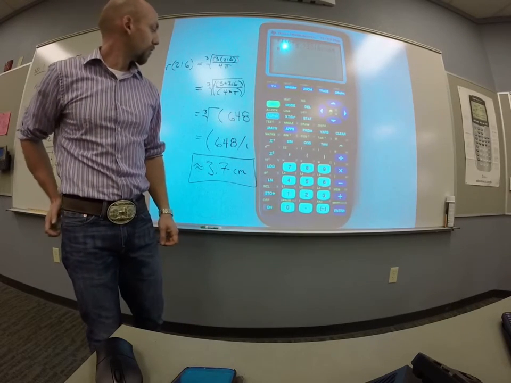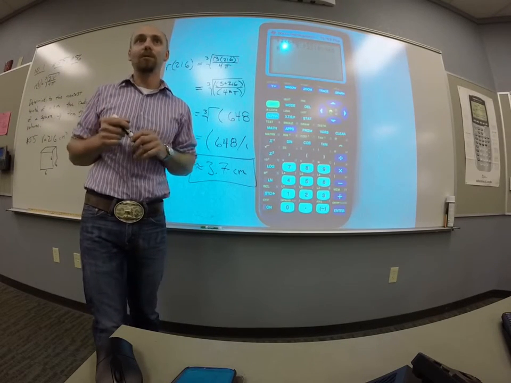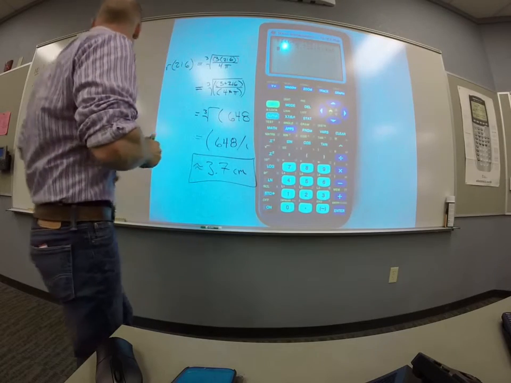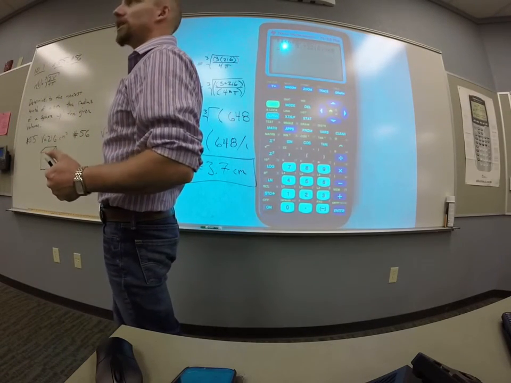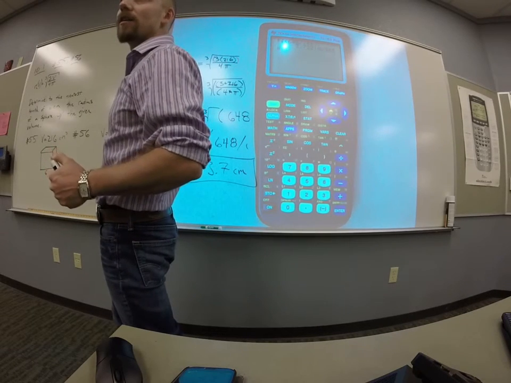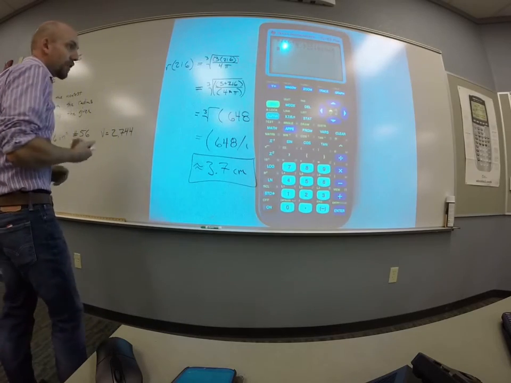Okay, you want to try the other one? Probably should, right? Okay, so the other one I should be plugging V is 2744 in, right? So I'll do the easy part.